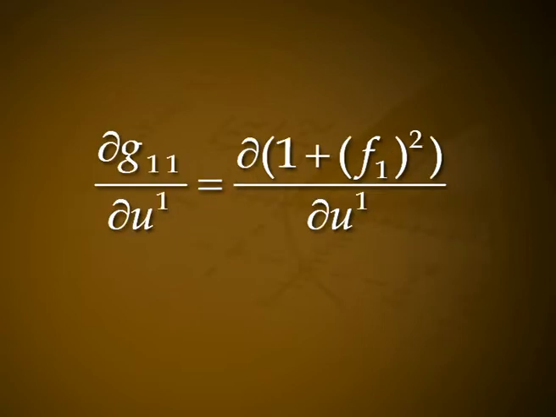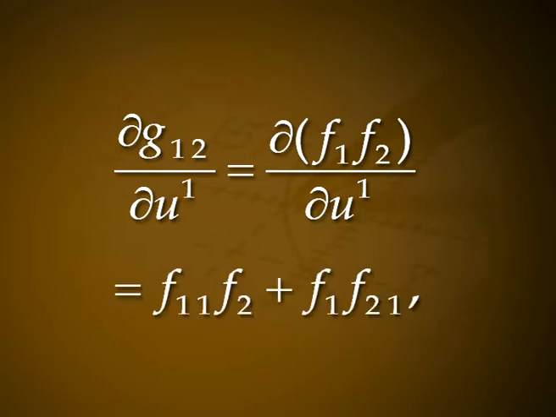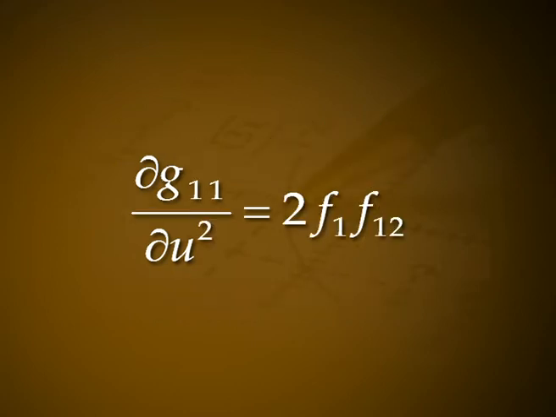Dou G11 by dou U1 is equal to dou of 1 plus f1 square by dou U1, which is equal to 2 f1 f11. Dou G12 by dou U1 is equal to dou f1 f2 by dou U1, which is equal to f11 f2 plus f1 f21, and dou G11 by dou U2 is equal to 2 f1 f12.